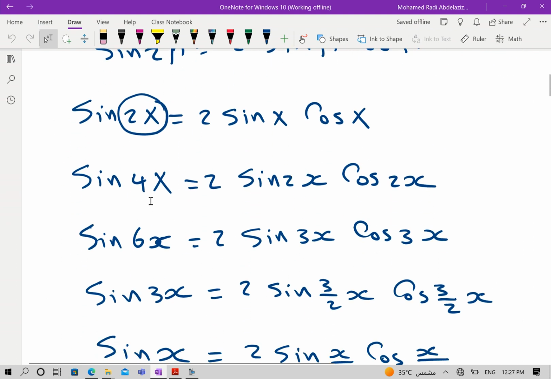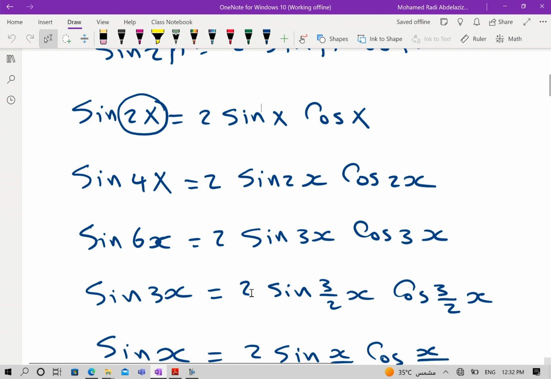So if it is sine 4x, it will be 2 sine 2x cosine 2x, double of 2. Sine 6x is 2 sine 3x cosine 3x.